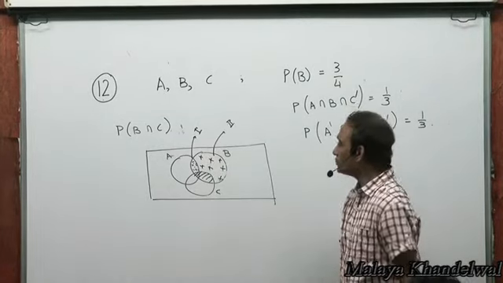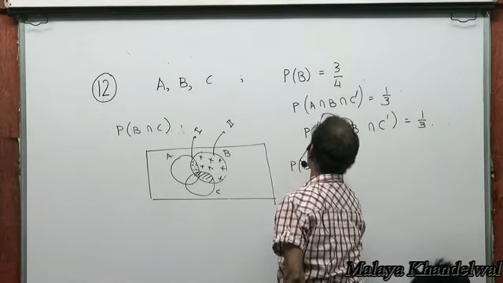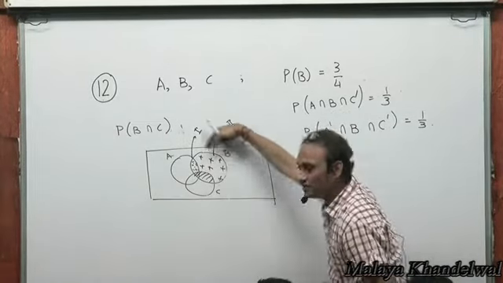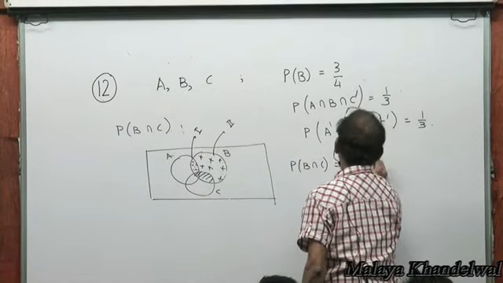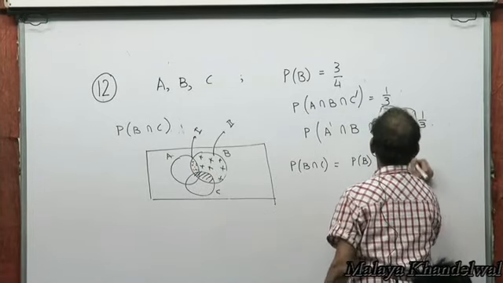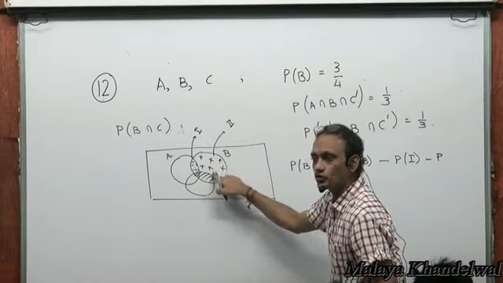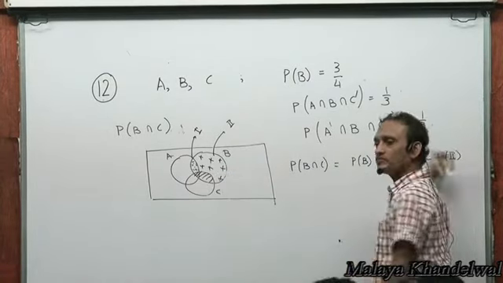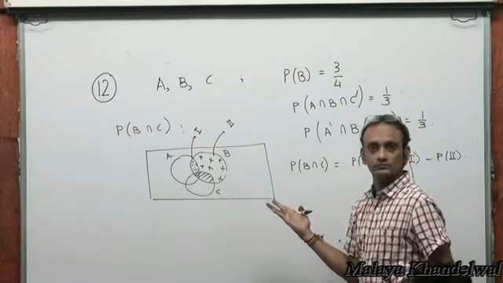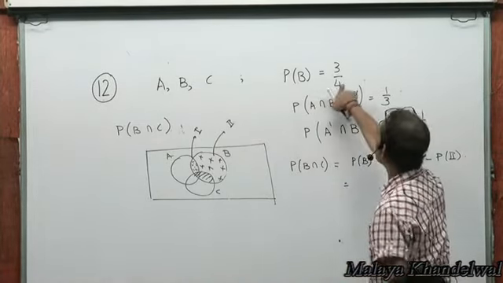Yes or no? Can I say that probability of B intersection C would be probability of B, which is this region, minus probability of region 1, minus probability of region 2? Yes or no? Can I say all of this? Are you all convinced?